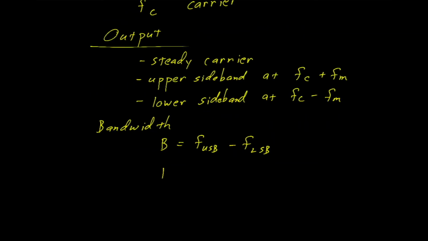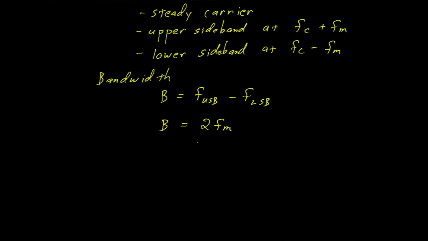Or if you prefer, bandwidth is simply 2 by the frequency of modulation. Do make a note here: this is the highest frequency to be transmitted. For example, in the frequency domain, music might extend from 20 hertz all the way up to 20 kilohertz.